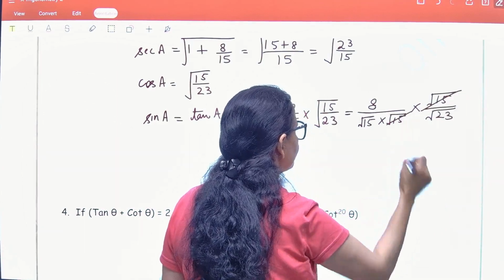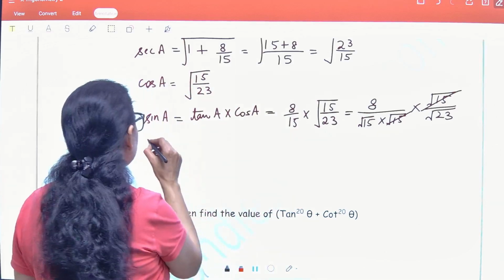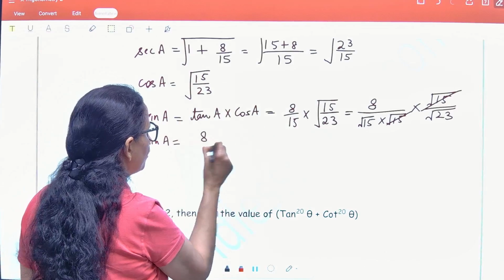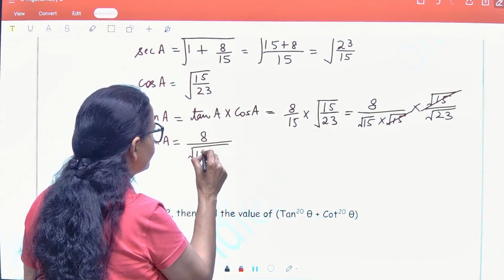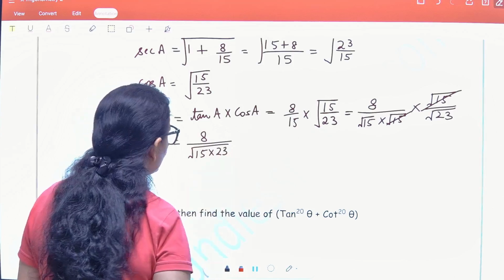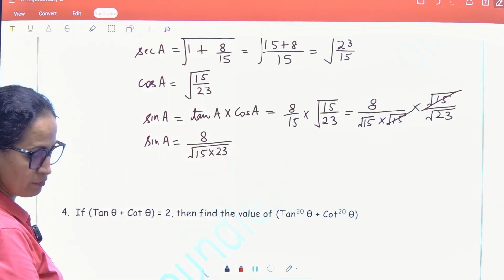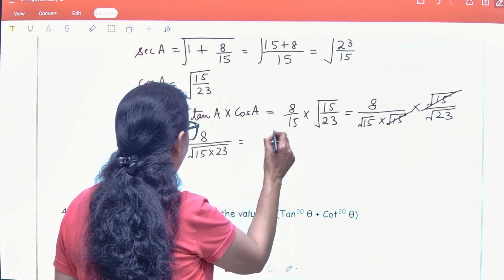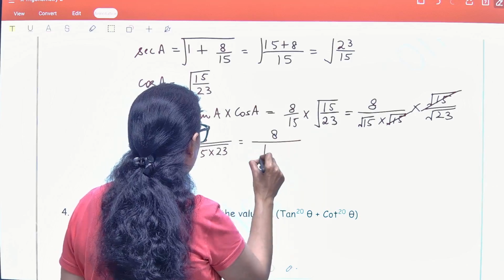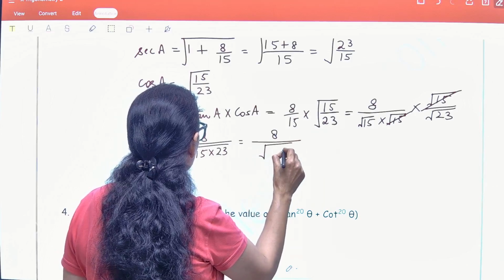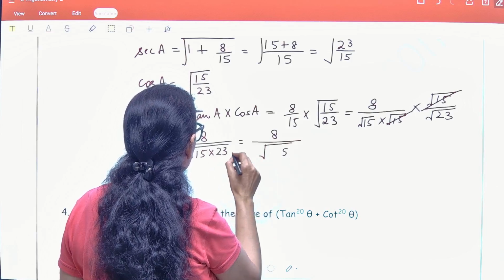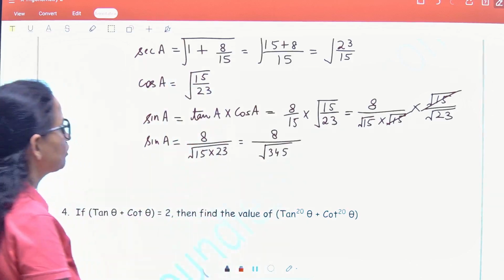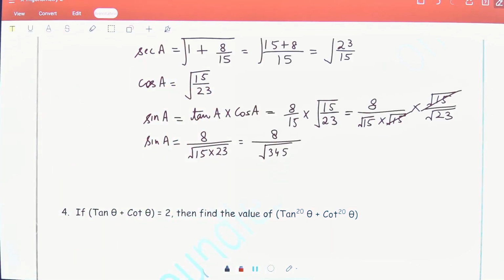So one of the square root 15 gets cancelled. So that means the value of sine A is 8 upon square root of 15 into 23. So you can just do this multiplication also and write the final answer. So 8 upon square root of 345, right?